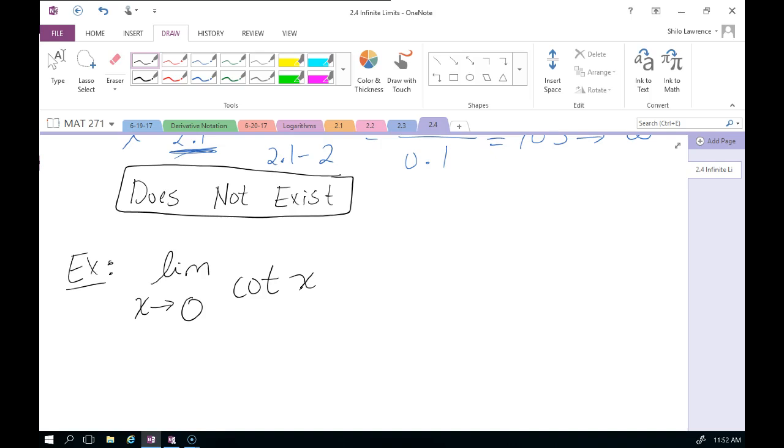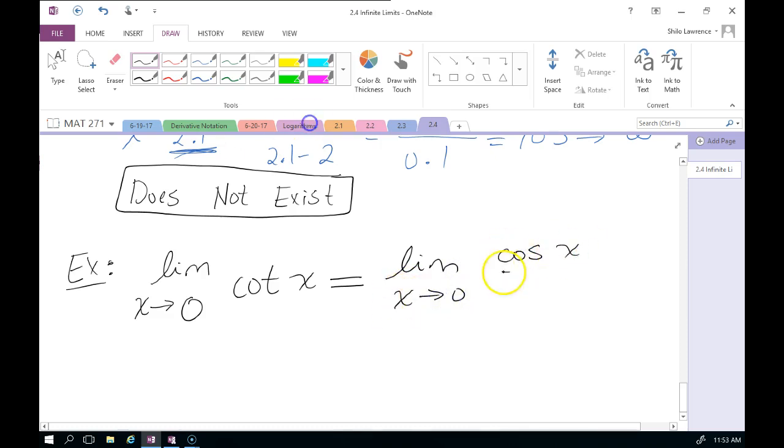And that's what we're going to do here. I don't remember a whole lot about cotangent because I've never really had to. So what I'm going to do instead is I know that cotangent is cosine over sine. And that is a whole lot more helpful. Now if I try to do this with direct substitution, cosine of 0 is 1, sine of 0 is 0.